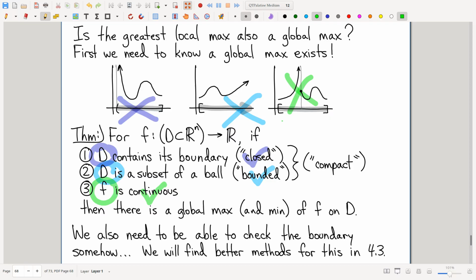So you've got to check these three conditions if you want to actually find an absolute max. Okay.